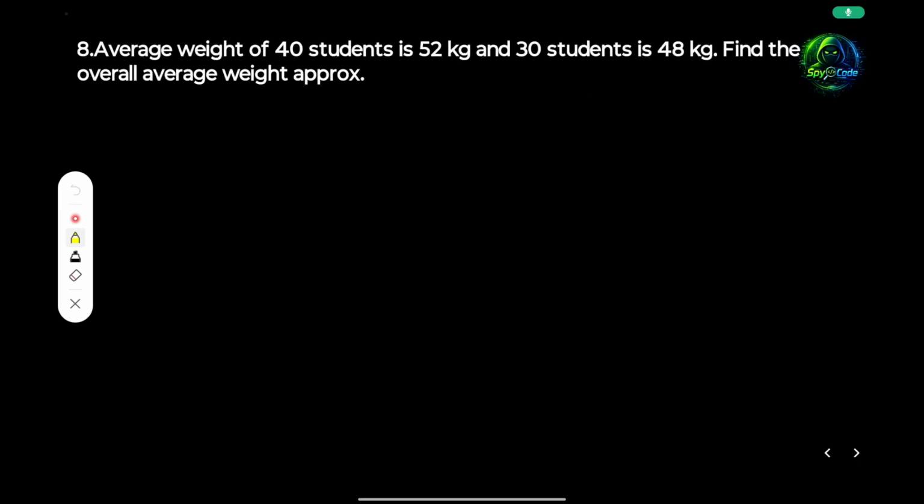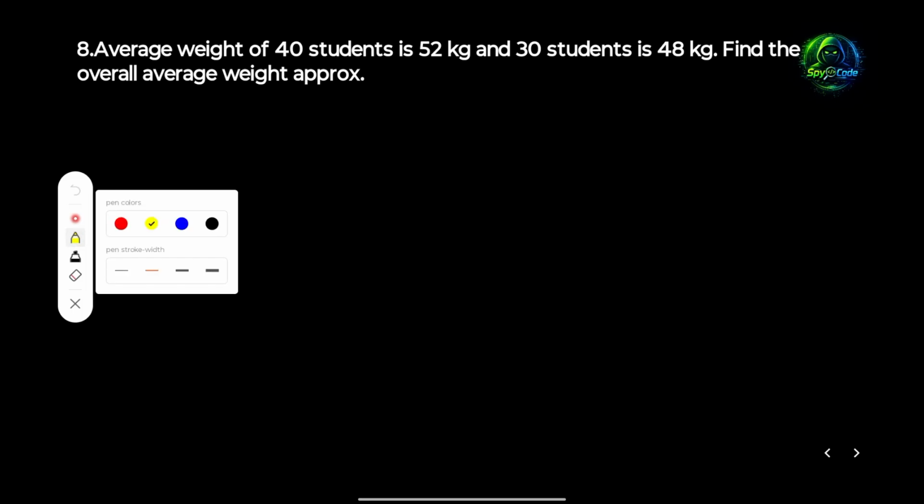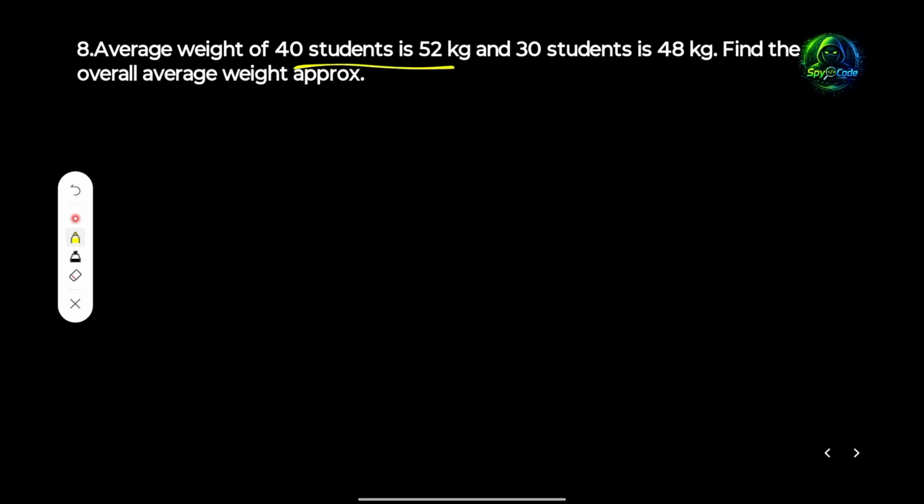So average weight of 40 students is 52 kgs and 30 students is 48 kgs. So we need to find the overall average weight approximately. So 40 students is 52 kgs average weight.